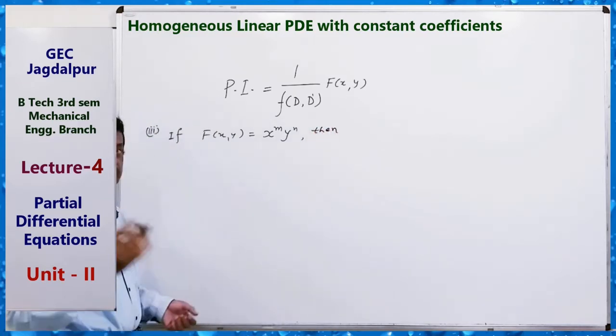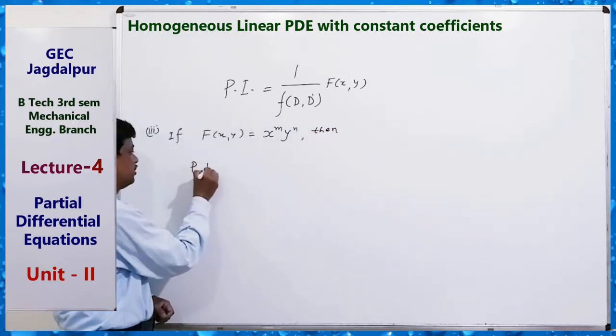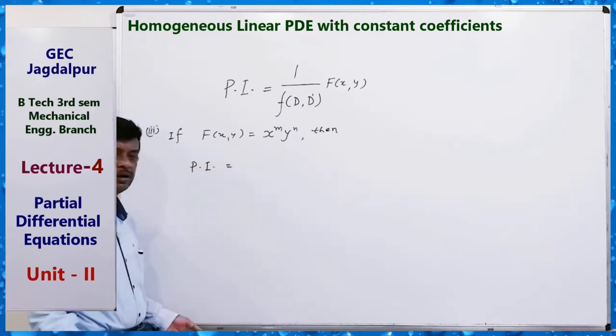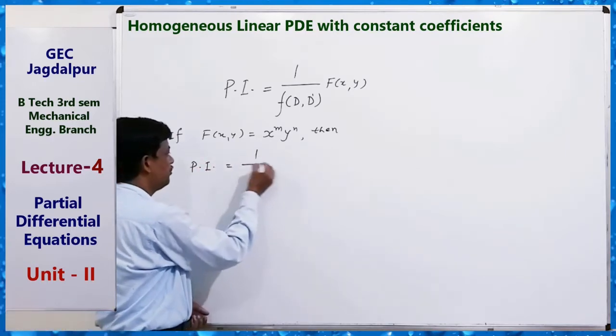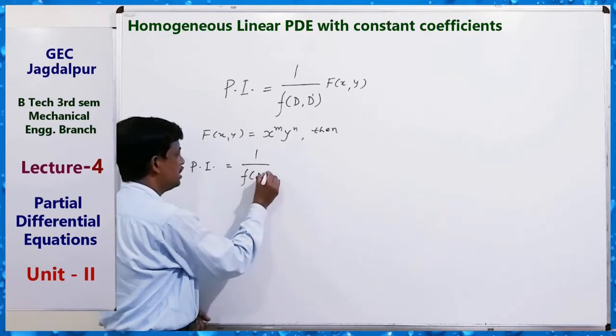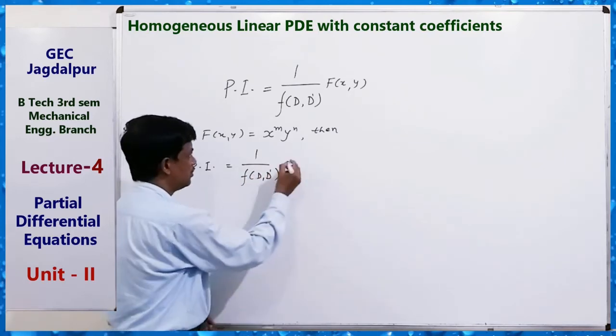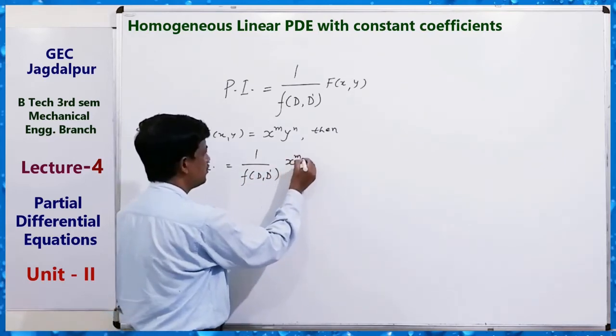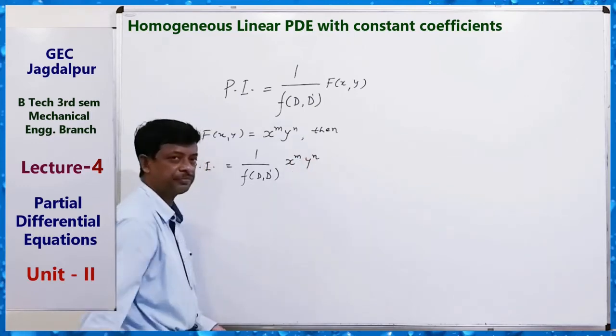Then just like the ordinary linear differential equation, PI equals to what? How can we write? 1 upon f(D, D dash) x to the power m, y to the power n.